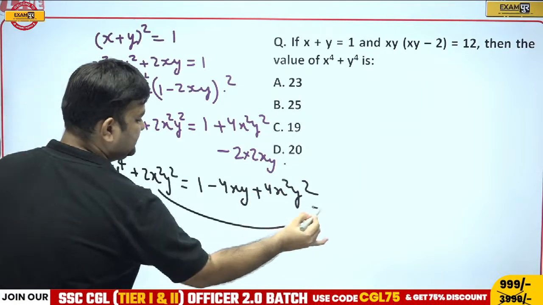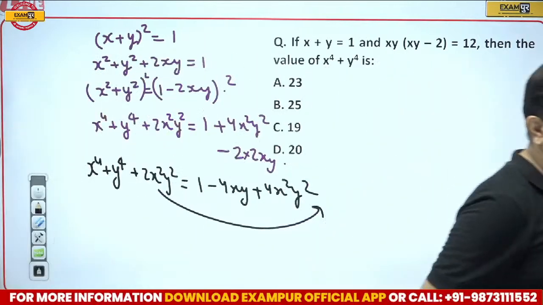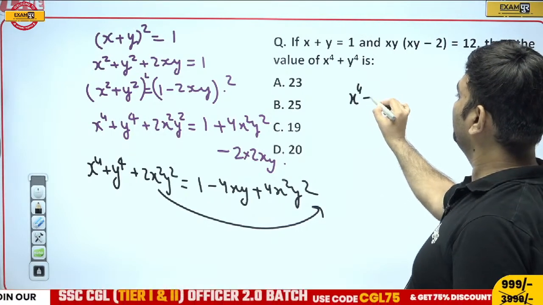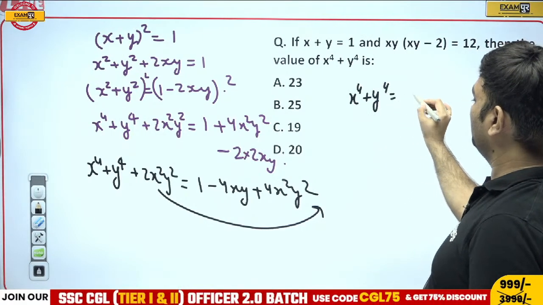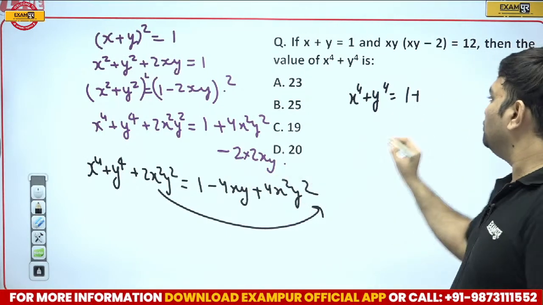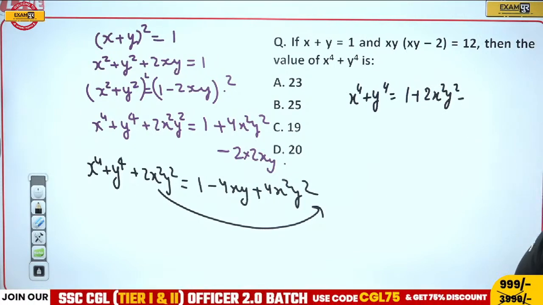Take it to that side. Take 2x square y square to the opposite side. So 4 minus 2 is 2x square y square minus 4xy.